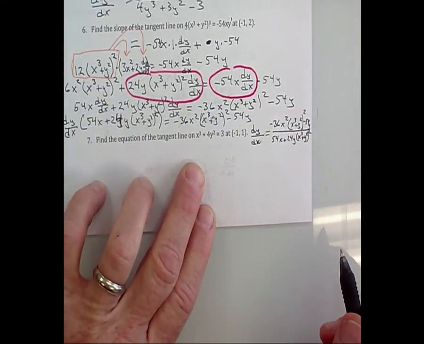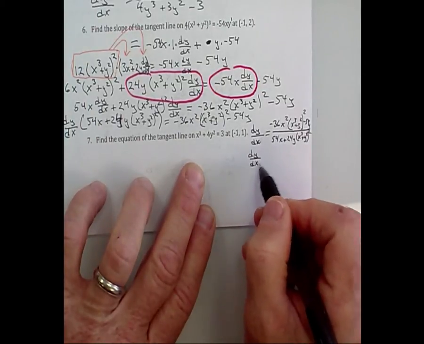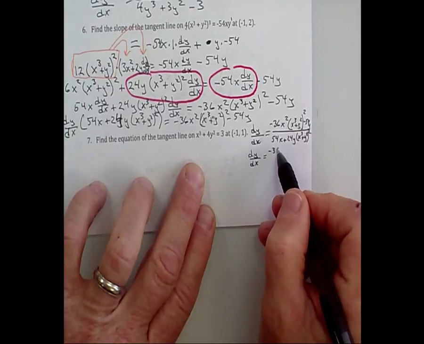What's my point? Negative 1, 2? So that gives me a negative 36.